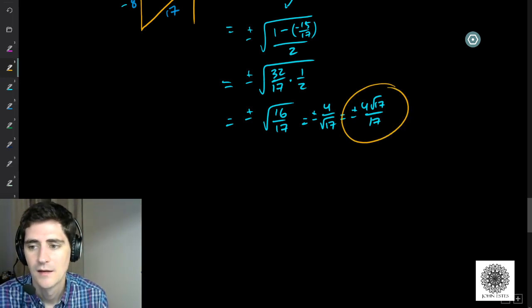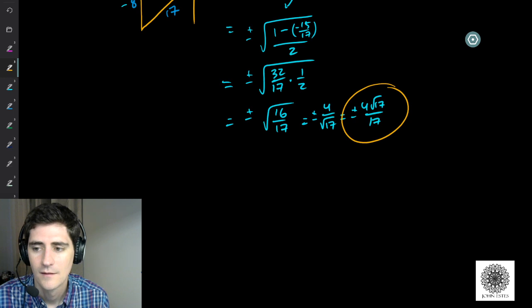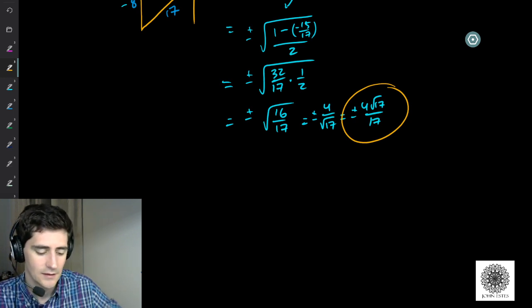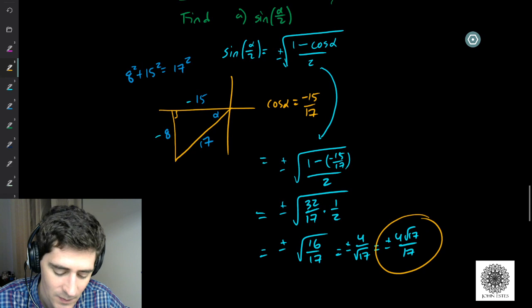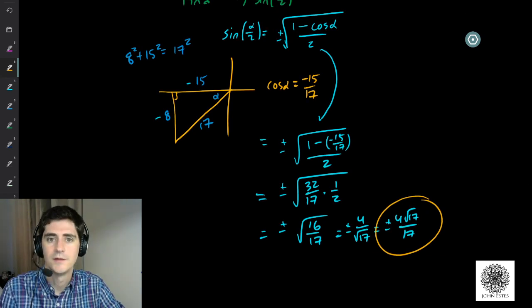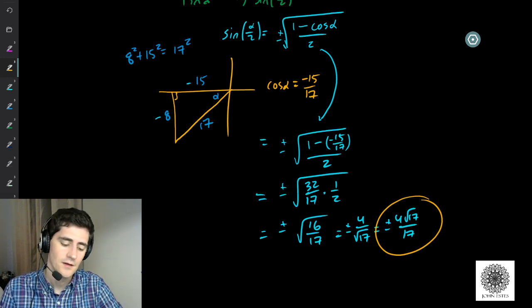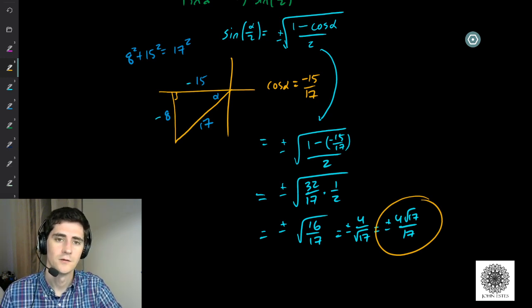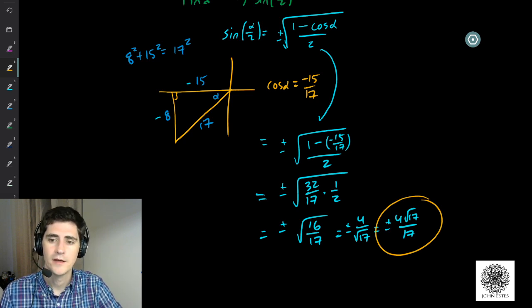Okay, now, do I have an idea on if this is going to be positive or negative? All right, so because I said plus or minus, here we've got to think, look, if I have a third quadrant angle and I half that, I'm going to be either in the first or second quadrant, right?